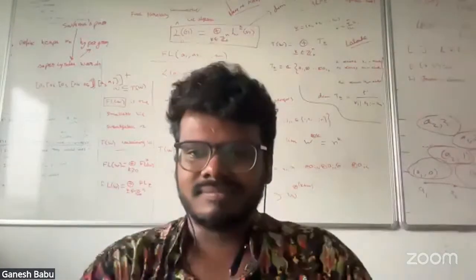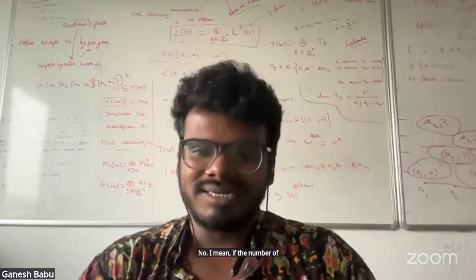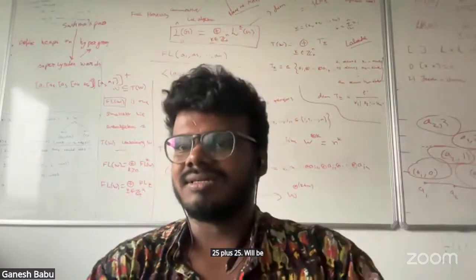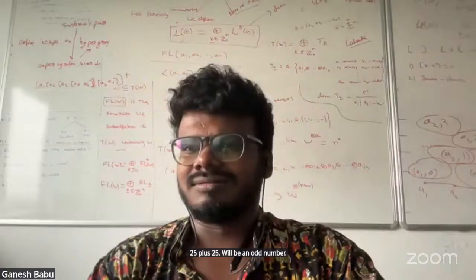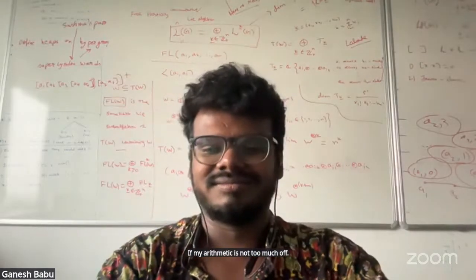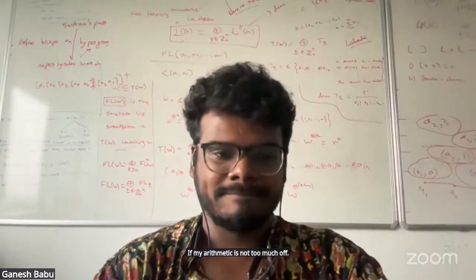No. If the number of squares is odd, you can't. 25x25 will be an odd number, if my arithmetic is not too much off. The same logic applies: if you take any chessboard with an odd number of squares, you won't get a closed Knight's Tour.